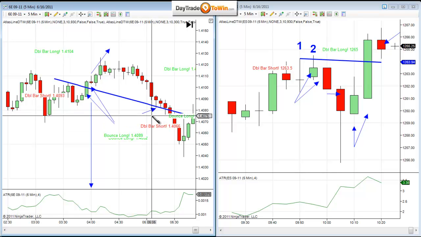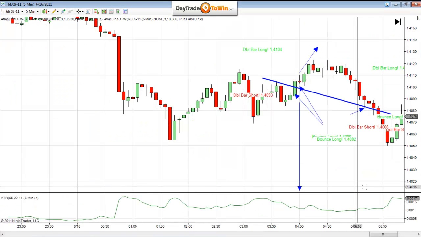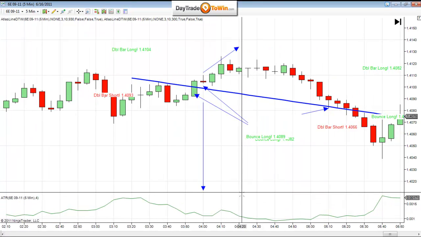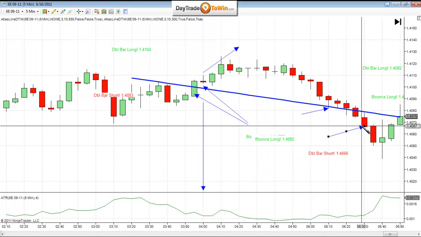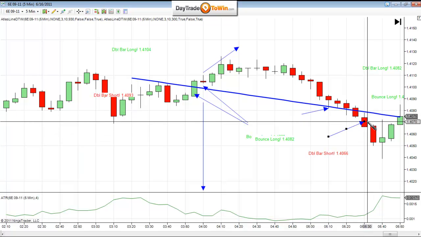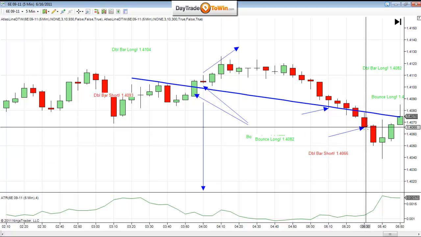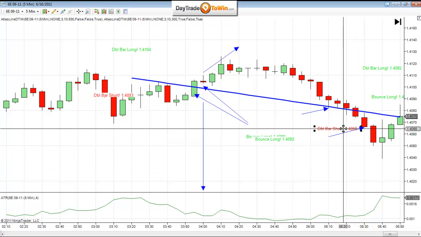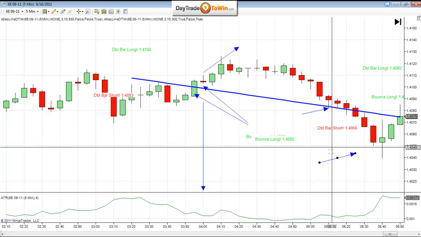We only want to take a bounce long if it's green, a bounce short if it's red. And so if you look at, let's just expand here, the euro, you see this candle here, if it happened to touch the Atlas line, that's a bounce short. It's a red candle. It's also a double bar short. This number coincides with this, 4066, 4066.